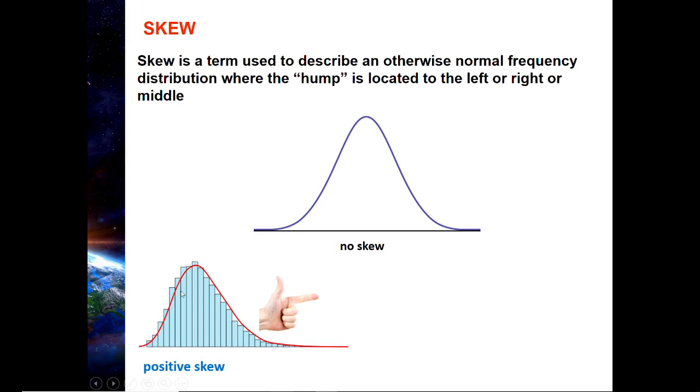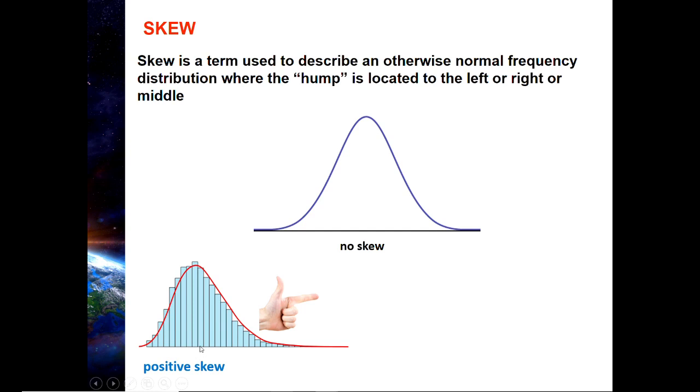In fact, with a very strong positive skew, there's really no tail here. There's only one tail, and it's at the positive end. If we were to calculate the actual skew value, we would get a positive number to reflect a positive skew, and the larger that number, the more skewed it is.